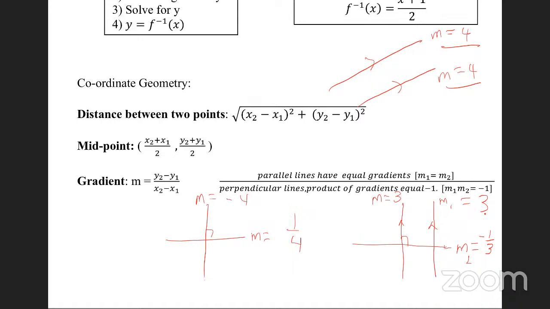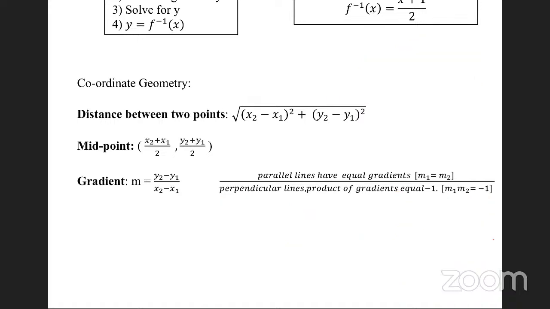And the last part: how to find the equation of a line. Before I go to the notes, does anybody remember what to do? What are the steps? Step number 1, find the gradient.